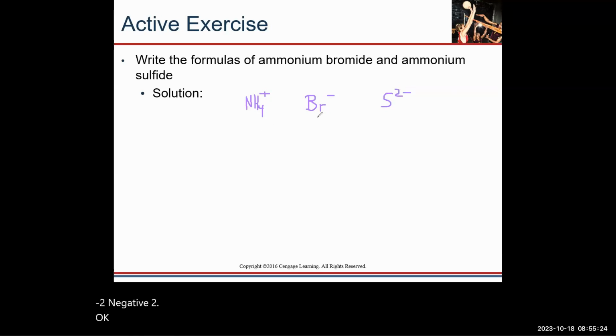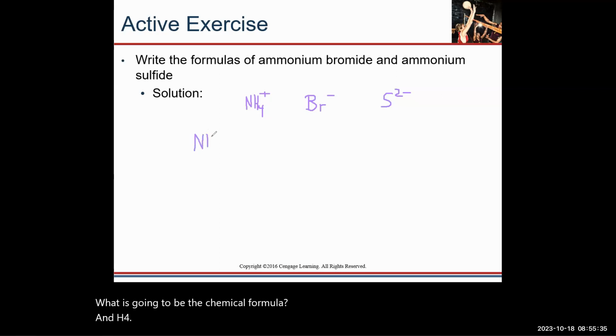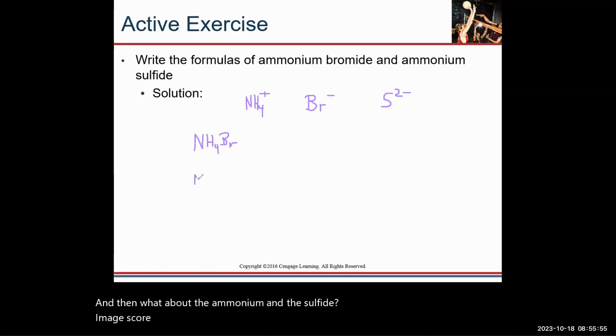So if I'm putting bromide and ammonium together, what is that going to look like? What is going to be the chemical formula? NH4Br. And then what about the ammonium and the sulfide? NH4 and then parentheses 2S.